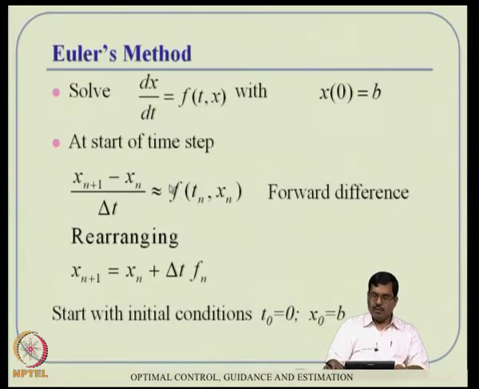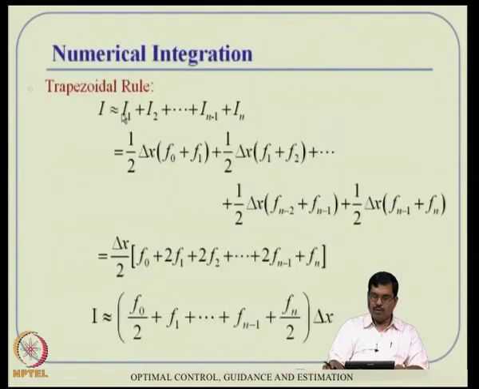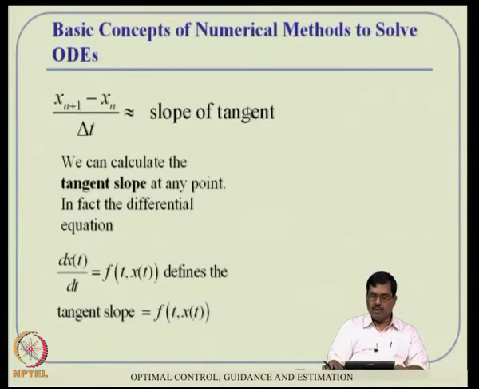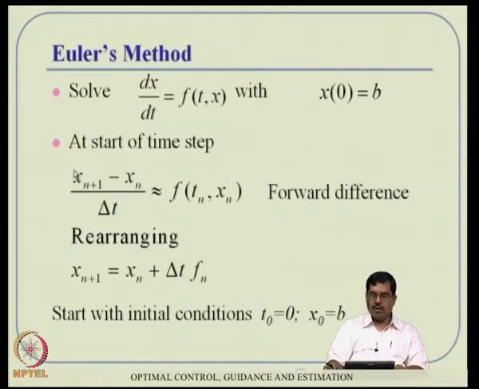So at t equal to tn, I can go back to my differentiation formula and use this forward difference approximation for dx by dt. So xn plus 1 minus xn by delta t, that is the forward difference, and this is nothing but f of tn, xn.